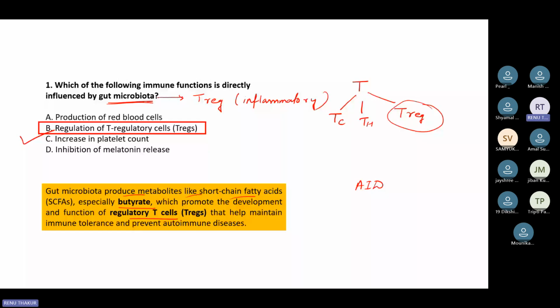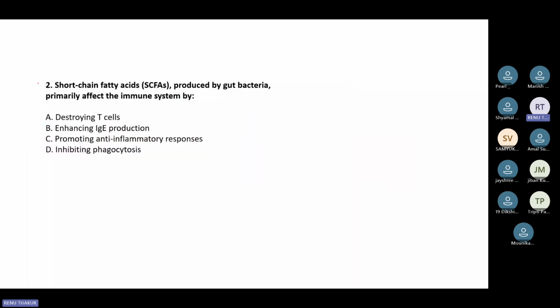Now the second one. Short chain fatty acids, SCFAs, produced by gut bacteria primarily affect the immune system by destroying T cells, enhancing IgE production, promoting anti-inflammatory responses, or inhibiting phagocytosis. What do SCFAs do? How do they influence our immune system?